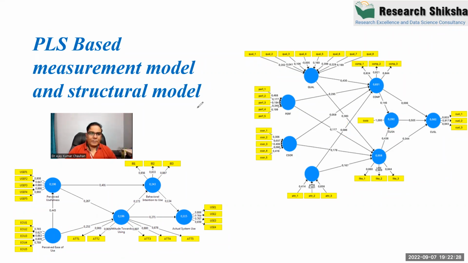Another reason I'm telling you is that MOS does not handle categorical variables. For example, if you have age group, gender, marital status, these variables cannot be used in MOS diagrams. But in SmartPLS diagrams, we can use these categorical variables.